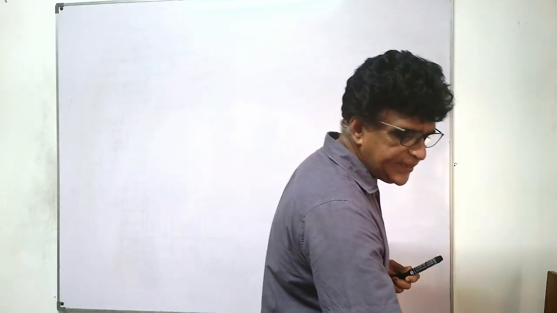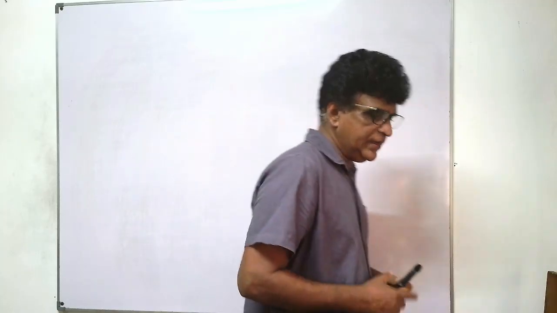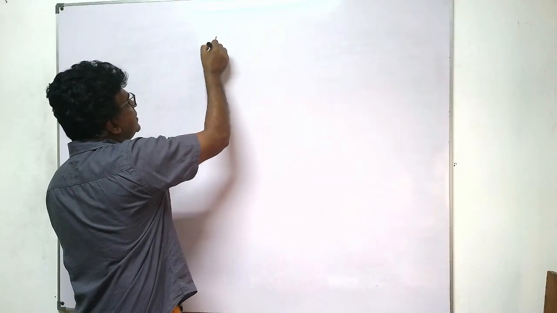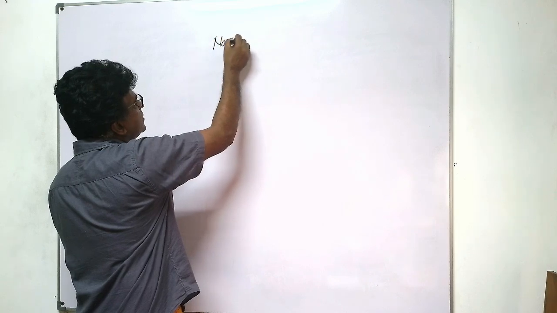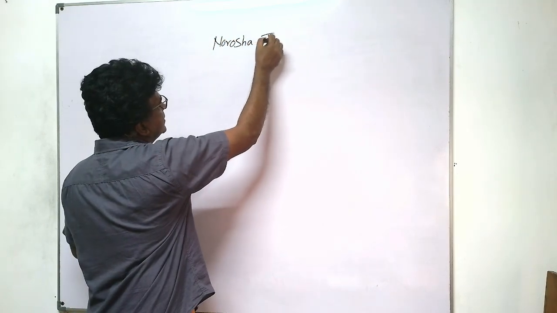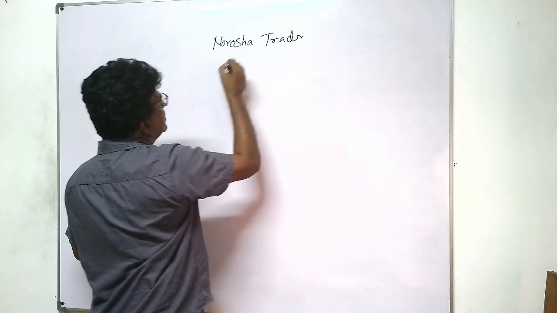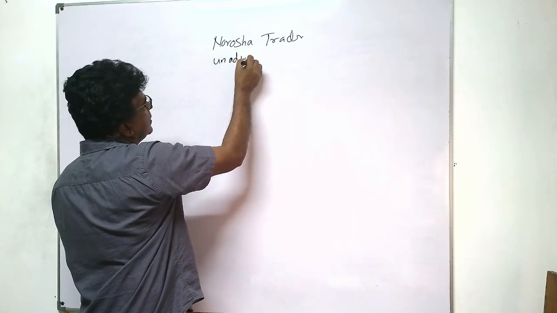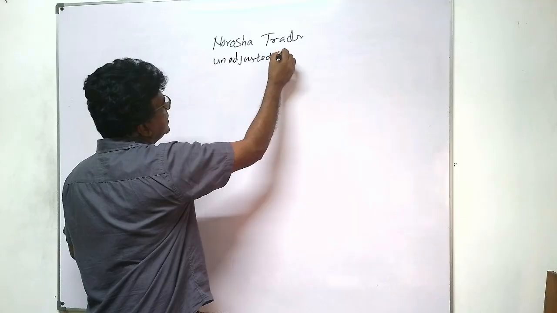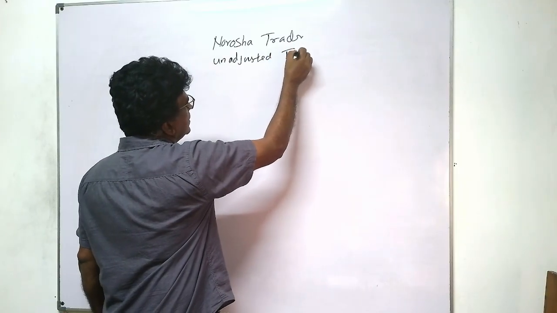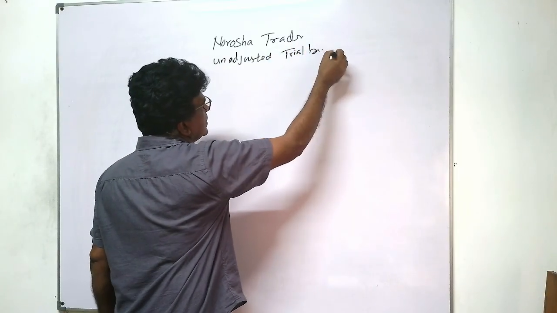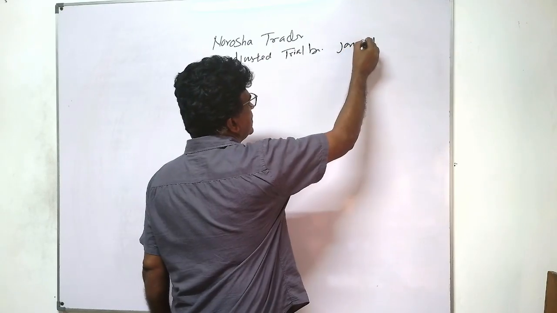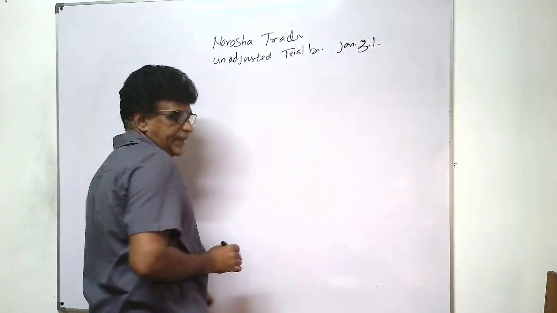This is, we'll say, Niroshan Traders. Unadjusted trial balance, we'll say January 31st, right?